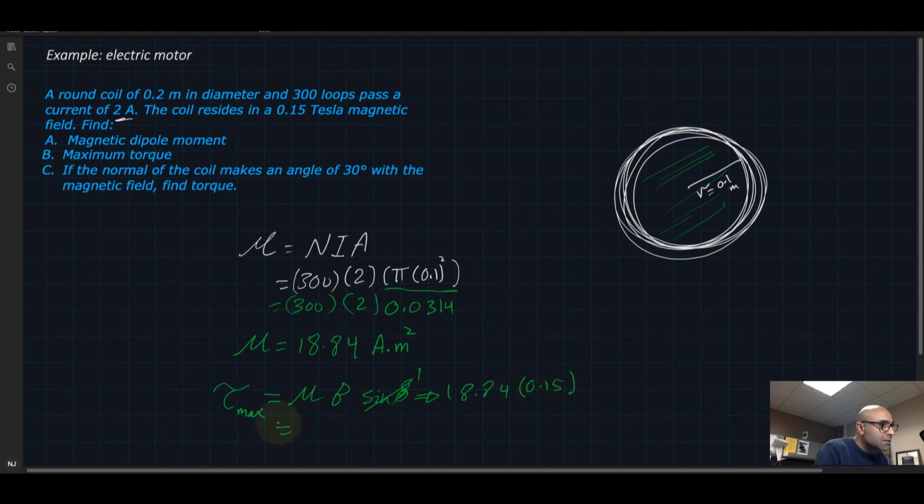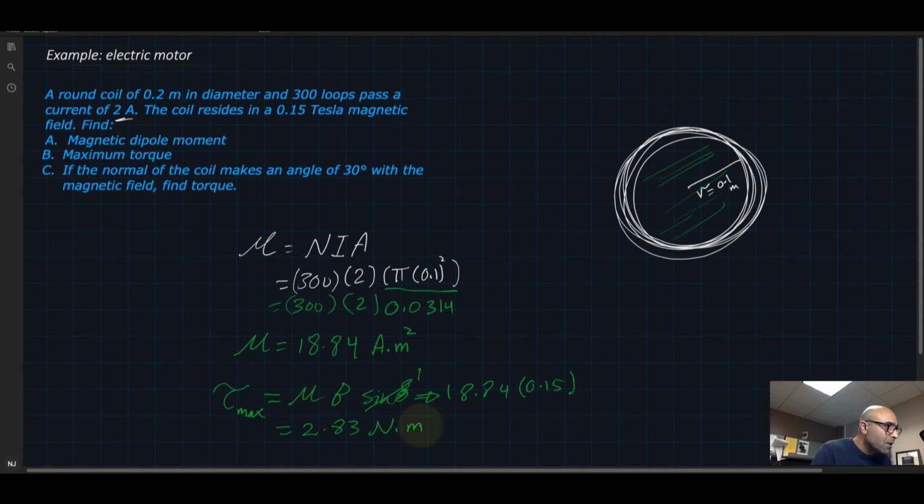So the maximum torque is 2.83. Torque is measured in Newton dot meter, because torque is given by the arm of the force times the force. The force is in Newton, and the arm of the force is measured in meter.